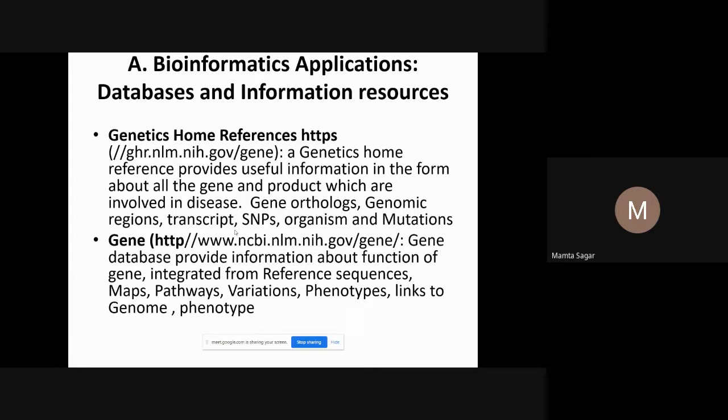So SNPs have so many manifestations, different kinds of disorders, and organelle mutation. You can find out the location of the gene, to which phenotypic features it is associated. So you can find out all the details and about the biological process.